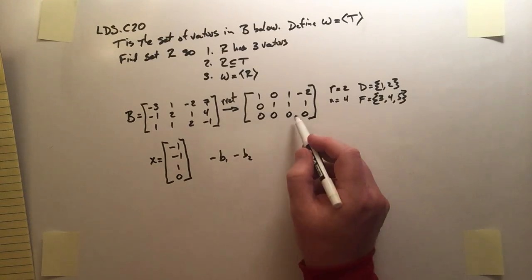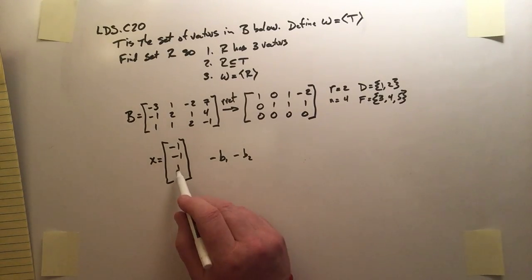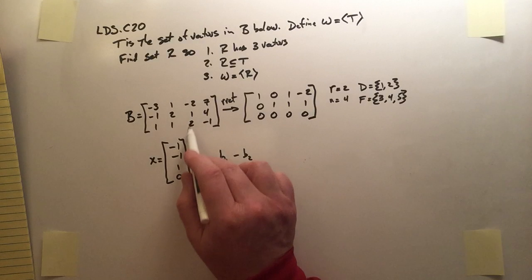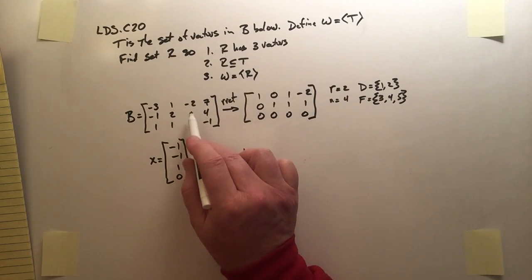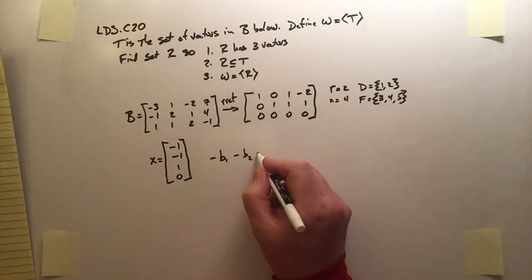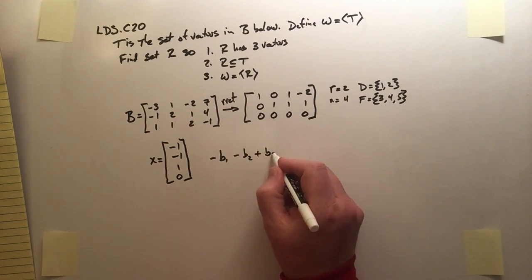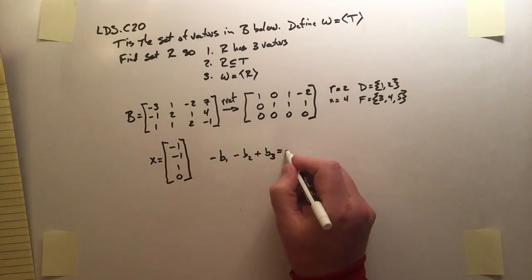And then x3, which I'll say is 1, times b3. And b3, of course, is negative 2, 1, 2. So plus b3. And all that's going to equal 0.